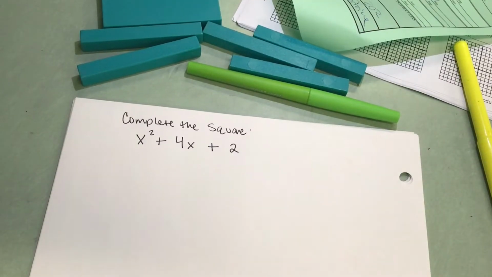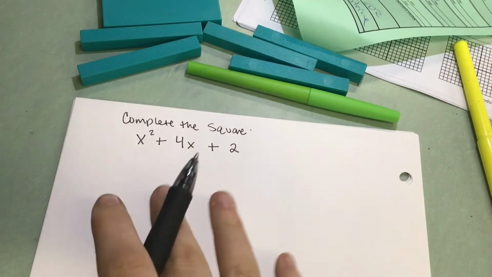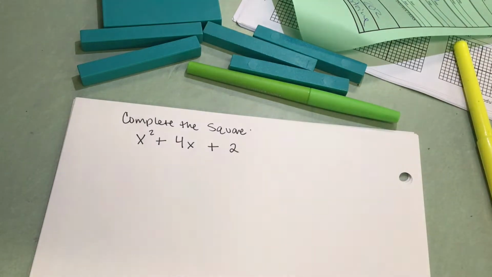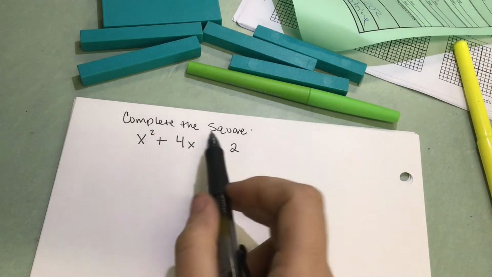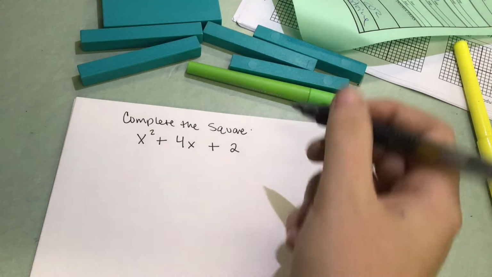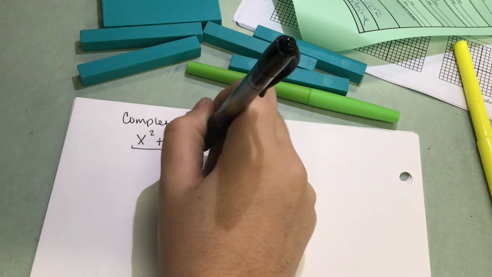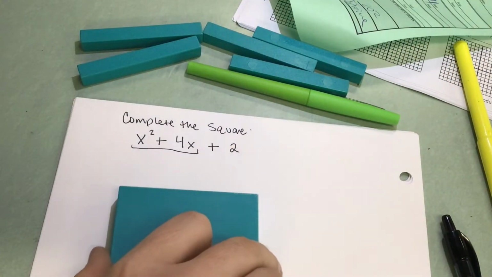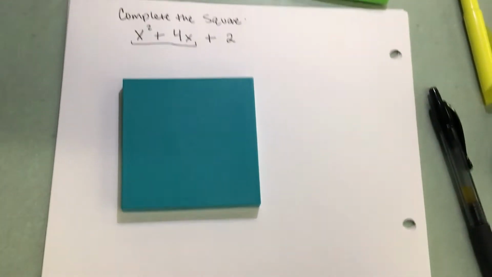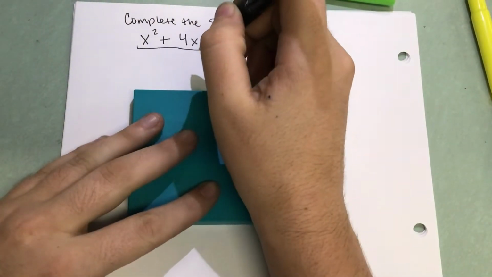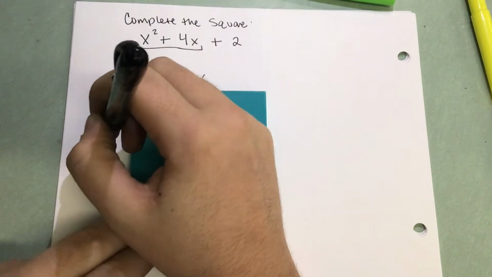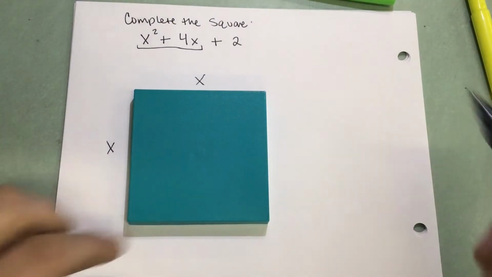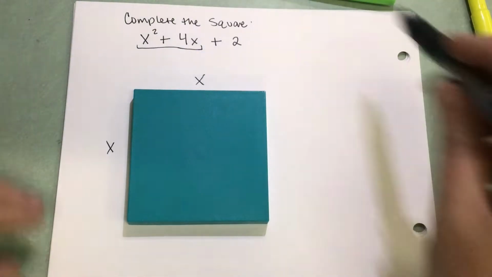Hi y'all. Here is another visual example of completing the square. So we want to build a square that has to do with this. I'm going to focus on these for right now. So I've got an x squared. That is an x by x. And then I want to build 4 around it.